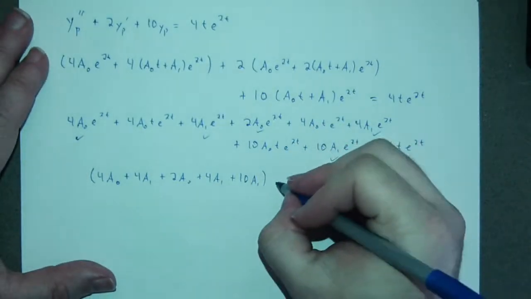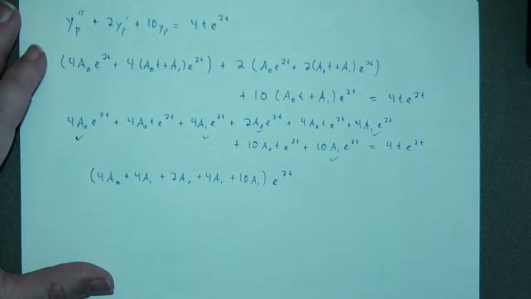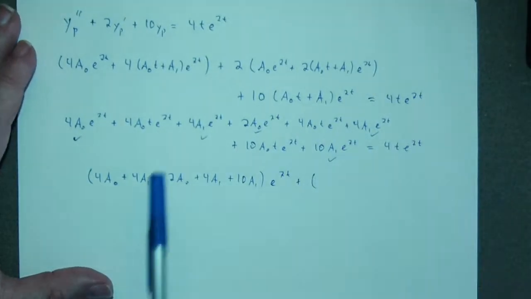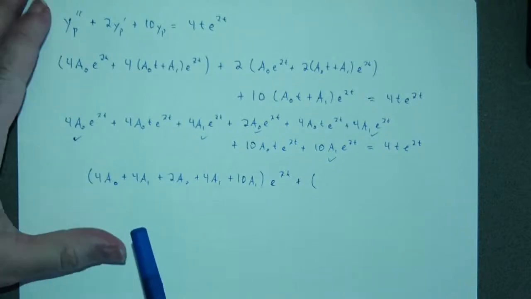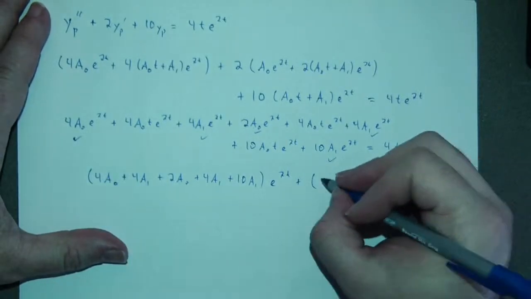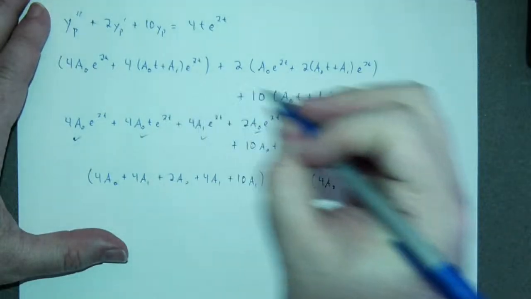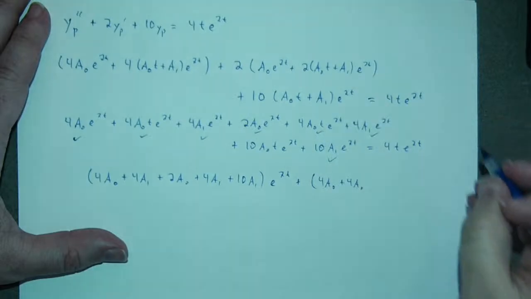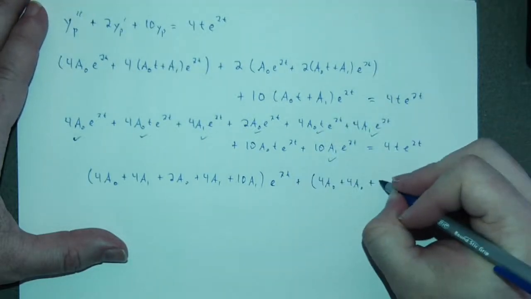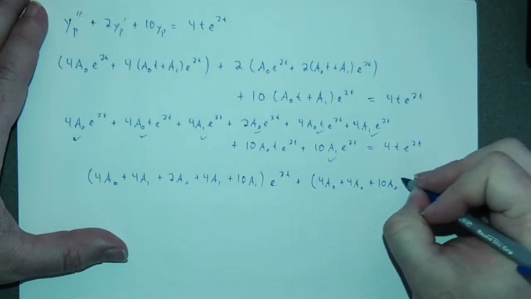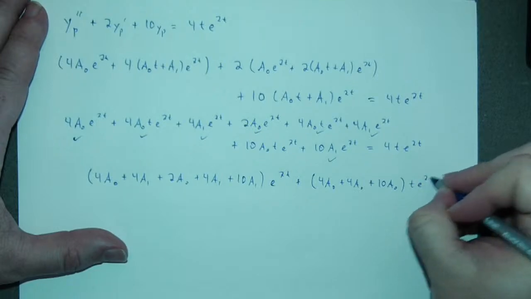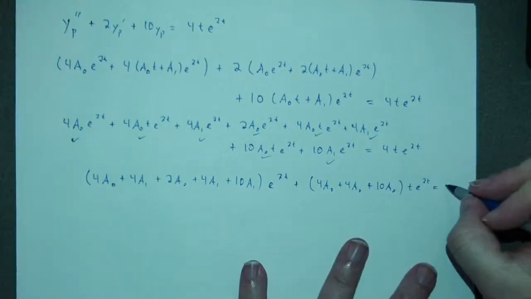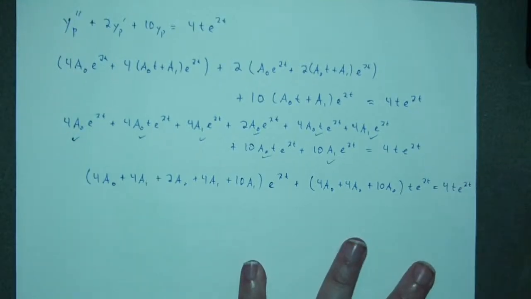And all of that is times e to the 2t. Right? Plus something times the t e to the 2t. So this is 4a0. That takes care of that term. Plus 4a0. That takes care of this term. Plus 10a0. And that's times t e to the 2t. So every term is accounted for here. And all this is equal to 4t e to the 2t.